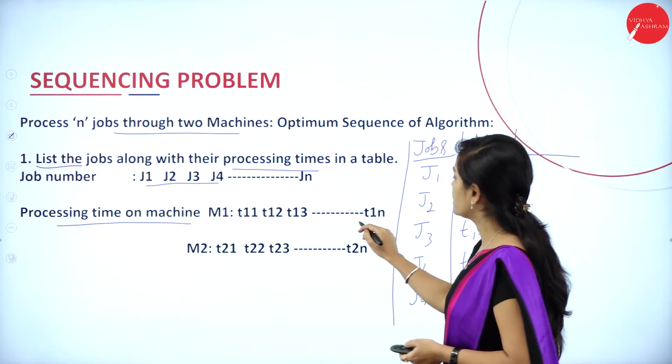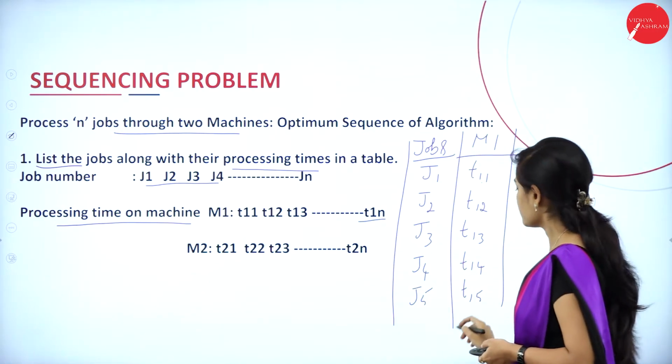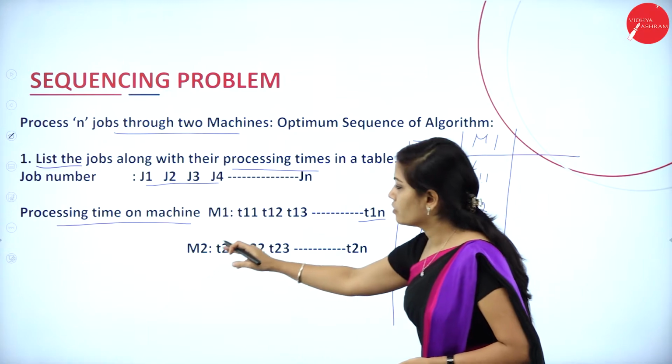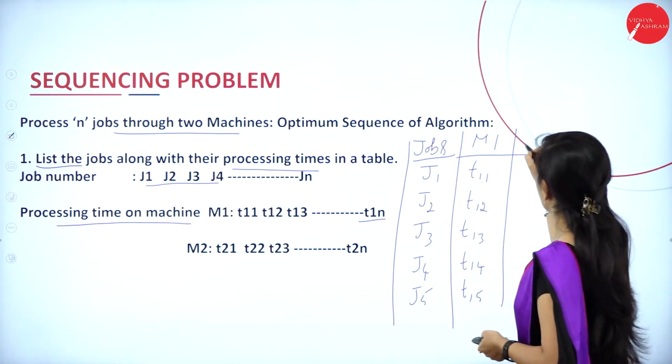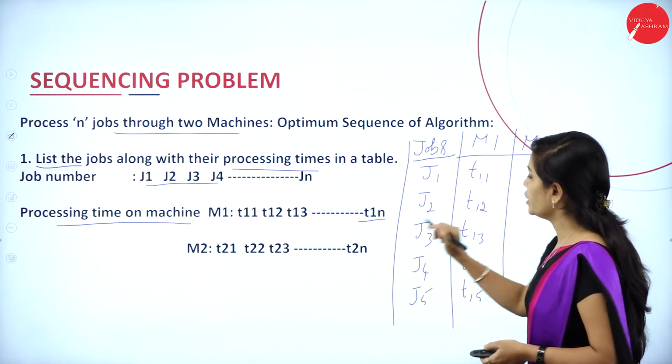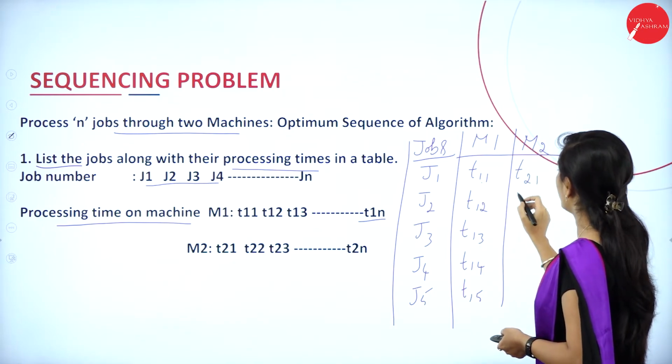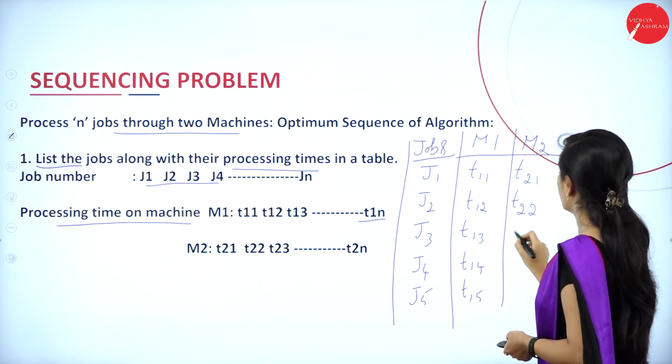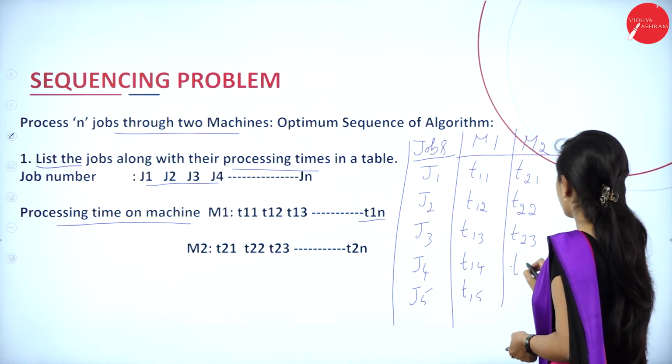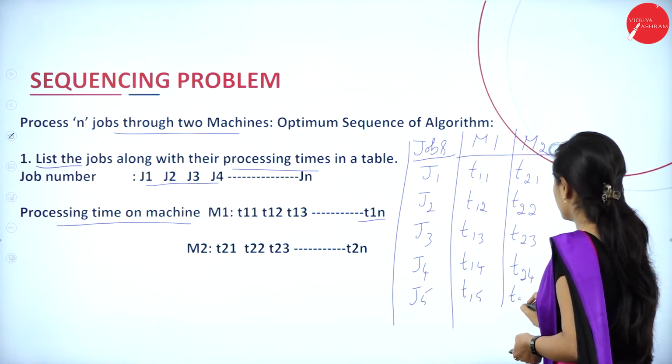Up to T1n. And for machine M2, T21, T22, T23, T24 and T25.